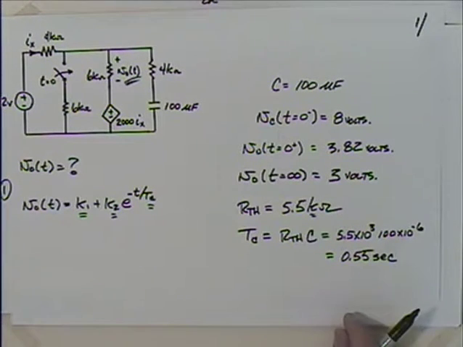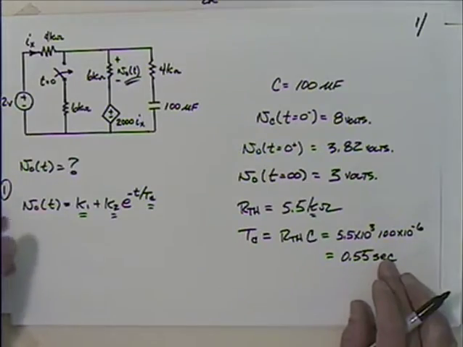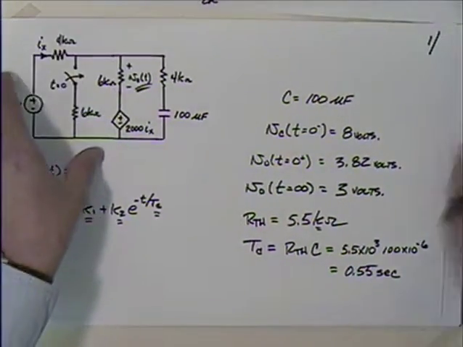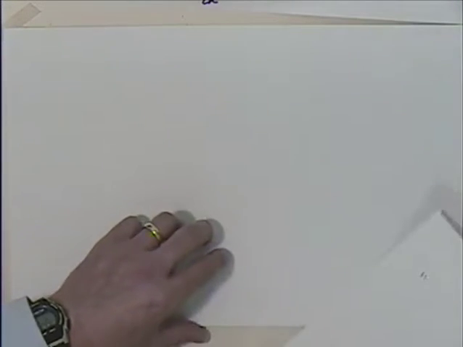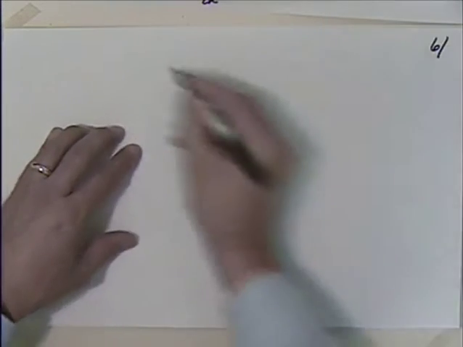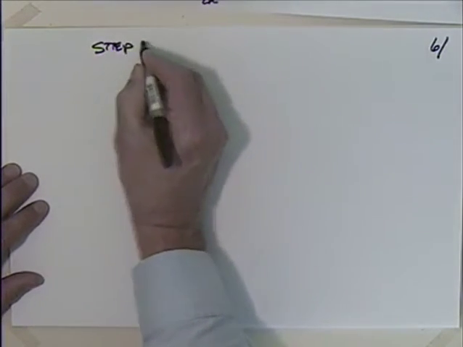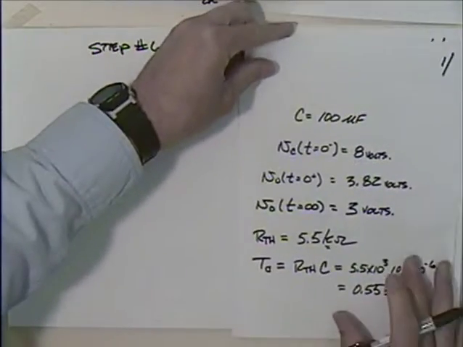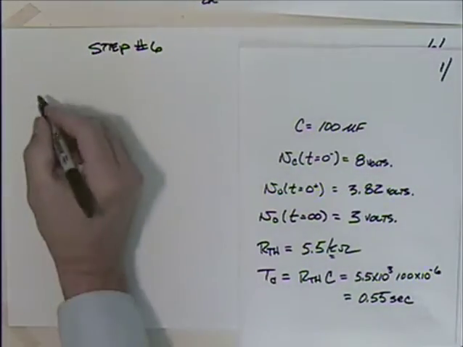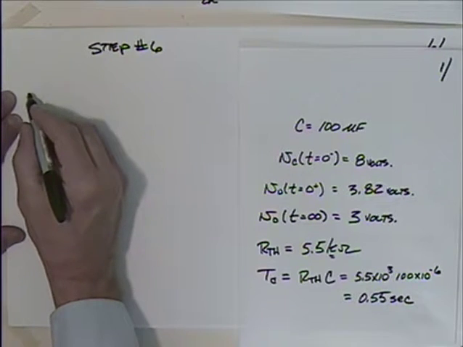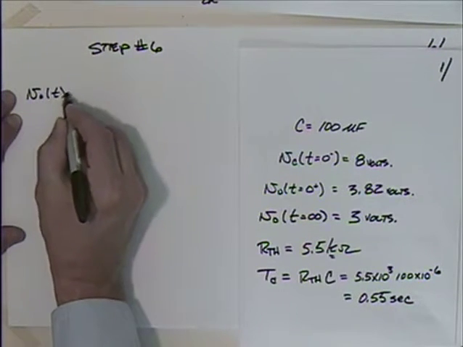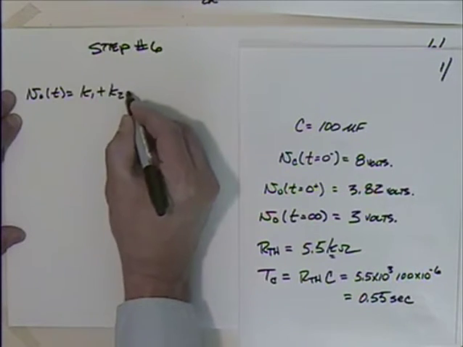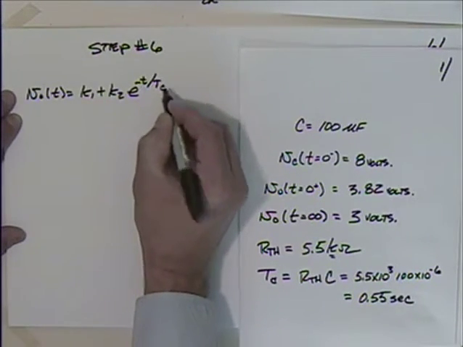So I think now we're set to go to step number 6 and put this whole thing together. So let me finish up on a fresh page here. Page number 6, step number 6. And I'll use my scorecard here, a cheat sheet, to put this all together. We know that the solution, going back clear back to step number 1, is that V0 of t is equal to k1 plus k2 e to the minus t over the time constant.